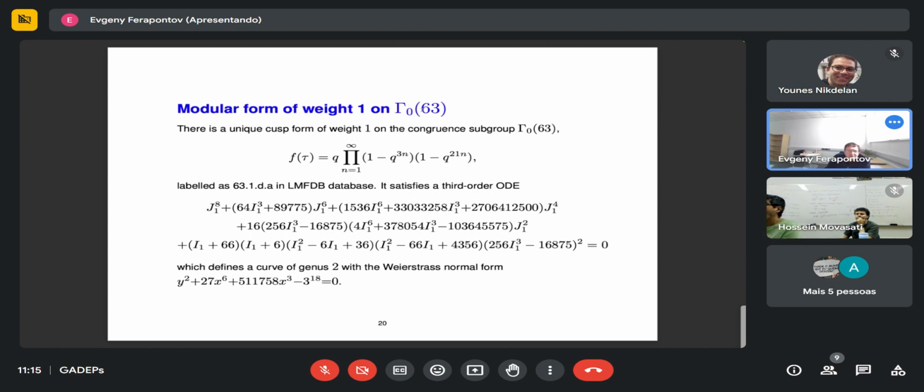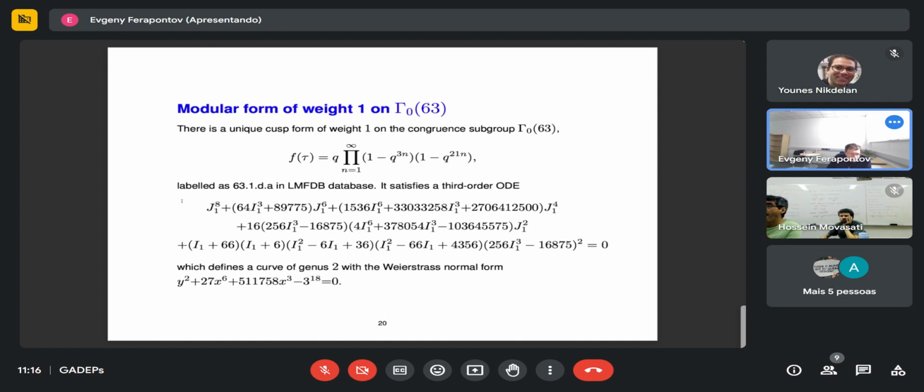And we found one. The easiest we managed to find. Maybe there is an easier one. We took a cusp form of weight 1 on gamma 0 of 63. So weight 1, not 2, as in the previous example. And this cusp form is given by this formula. It has a label in the LMFDB database. This is the label. And the third order ODE is written here, right?